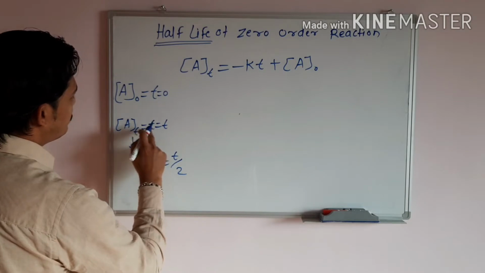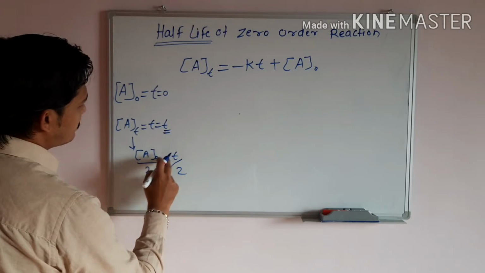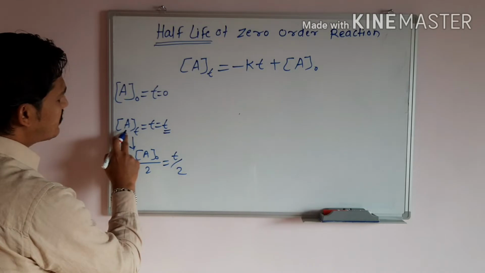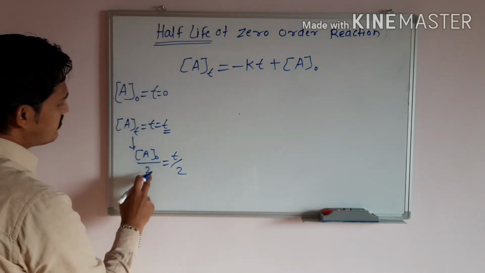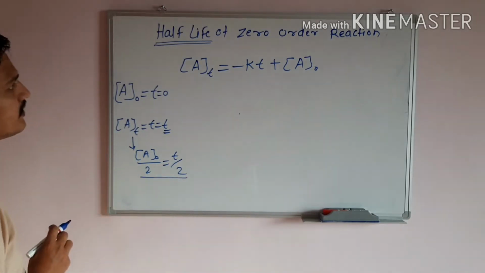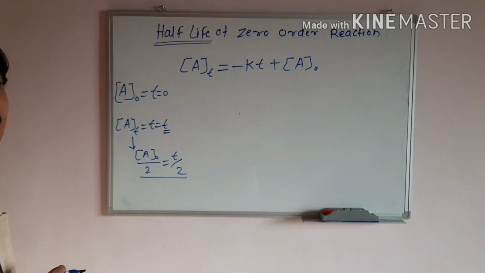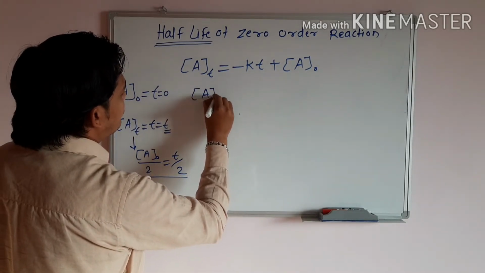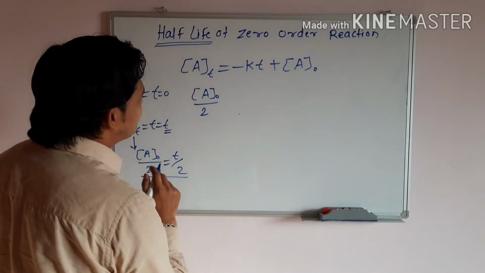AT is equal to A0 by 2, and time t is equal to t half. AT means final concentration and A0 means initial concentration. Half of the initial concentration means time is also half. This is the value for AT. Then putting the value of this into that equation, we get AT, the time required to reduce half of the initial concentration. Halved, this is our final concentration.